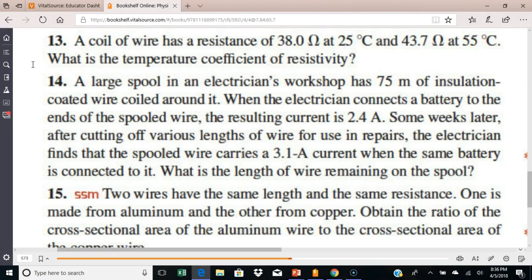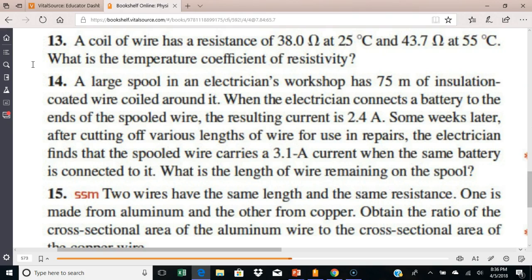So you define what you got here. Initial length, L sub 0, is 75 meters. The initial current is 2.4 amps. The new current is 3.1 amps. Resistance is equal to resistivity of the material times the length divided by the area A. You're using the same battery and the same wire.